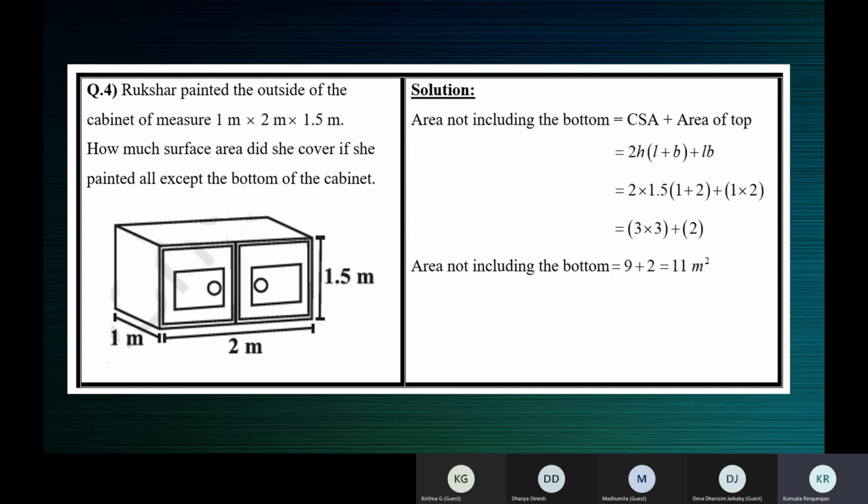So area not including the bottom is equal to CSA plus the area of the top, because the 4 faces plus the top area; the bottom area is not included. So substitute in this formula 2h into (L plus B), because that is the CSA of a cuboidal box.